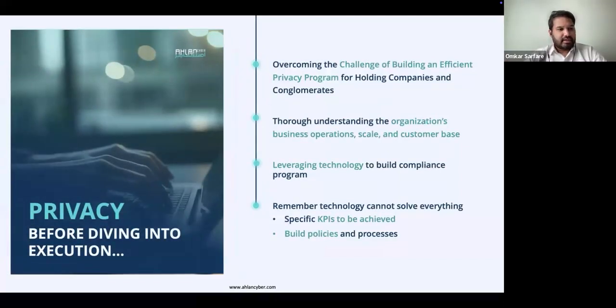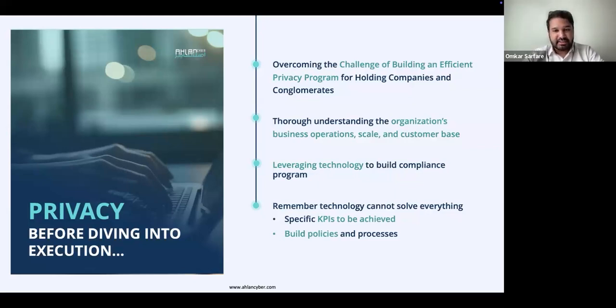Yes, thank you, Smriti. So at the end of the day, establishing an effective privacy program for a holding company, or let's say any kind of company out there, is a must, or let's say a very important thing. And when it comes to a holding company or a conglomerate, it involves navigating a series of interrelated challenges.